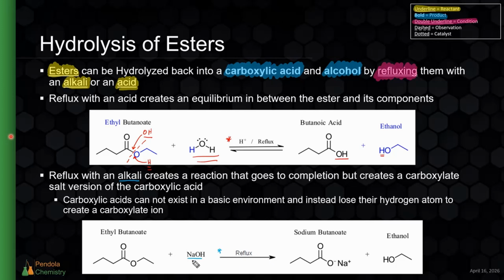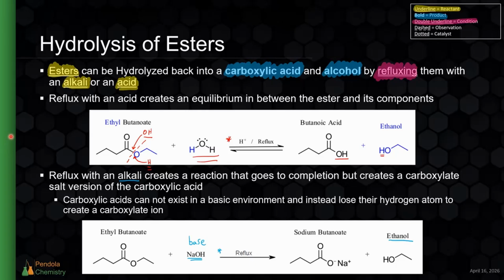But because we have a base reacting with our ester, we will not get the carboxylic acid. The ethanol will still be made. The alcohol will still be made. But the carboxylic acid will no longer be a carboxylic acid. And that's because carboxylic acids cannot exist in basic conditions.